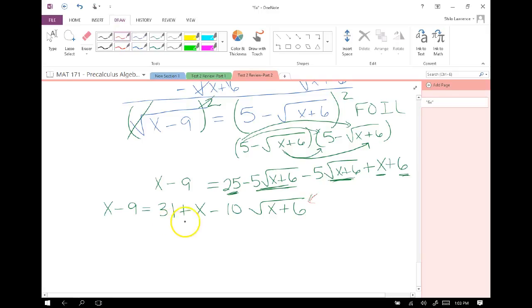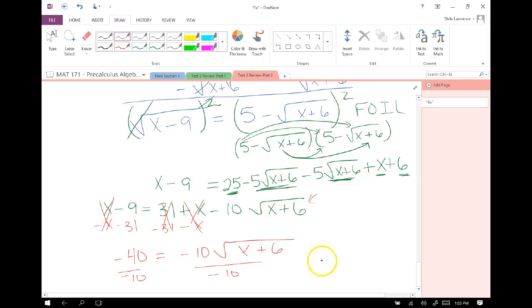So I need to minus my x over, which is nice because it cancels on both sides. I also need to minus my 31 over. And that gives me negative 40 equals negative 10 radical x plus 6. And then I'm going to divide my negative 10 over.